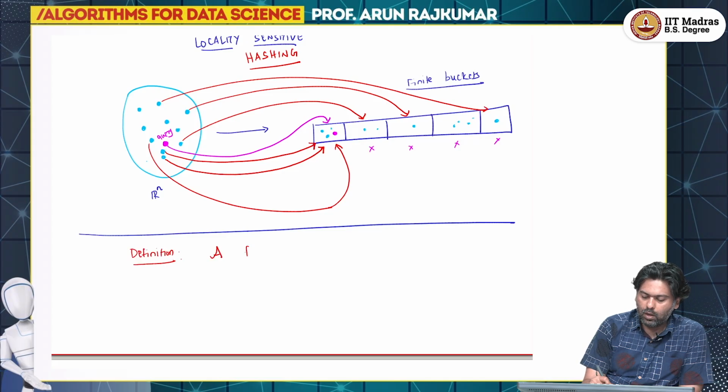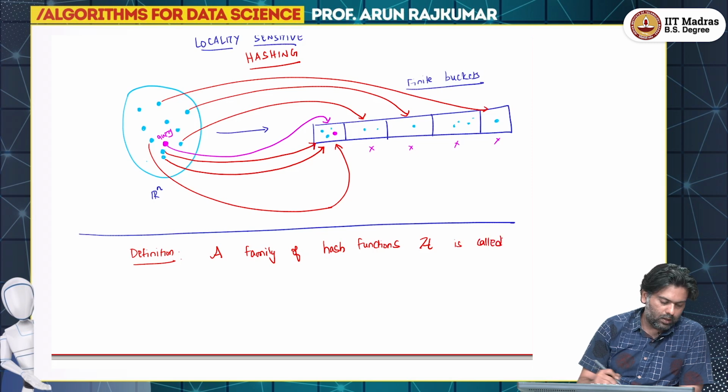We are going to call a family of hash functions H (R, C, P1, P2)-sensitive, and I will talk about what this means.